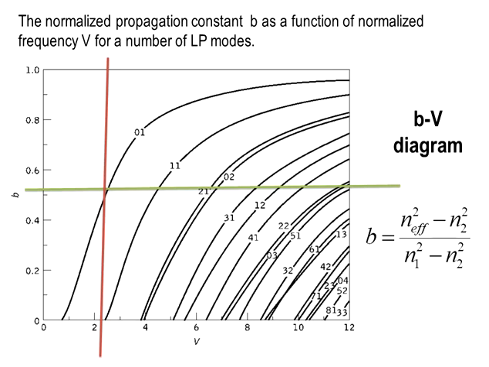That means we need to move this horizontal line in the upward direction, that is, towards N1. If we do that, you can observe this blue line where it crosses the LP01 mode.